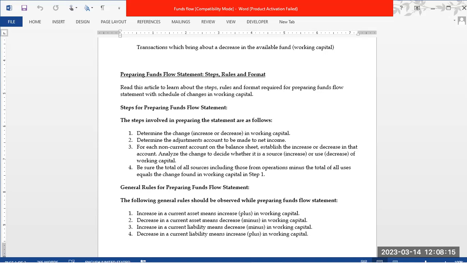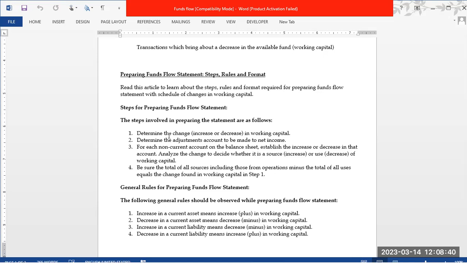First of all, let us look at some of the steps in preparing a fund flow statement. The steps are as follows. Number one step of preparing a fund flow statement is to determine the change, whether it is an increase or decrease in working capital.